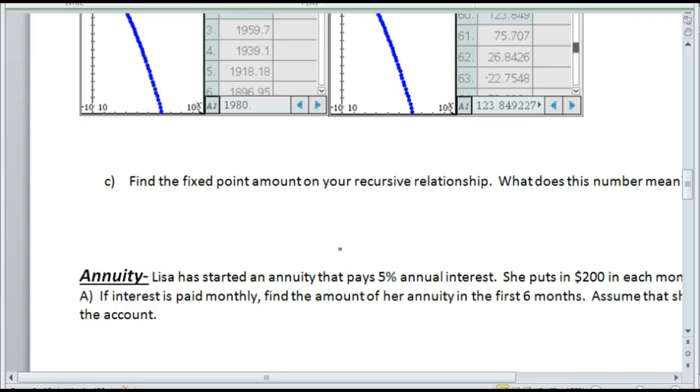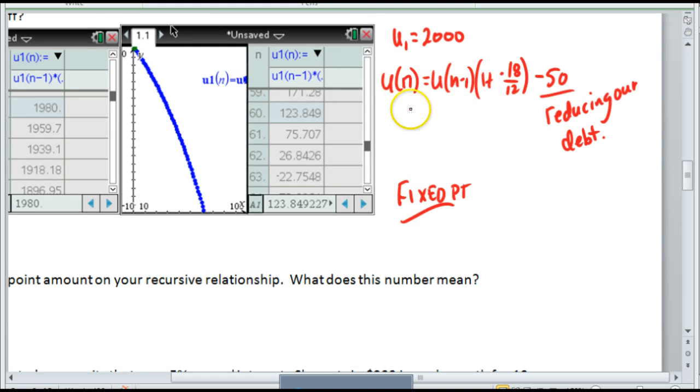Now the fixed point for this one is if I go to my equation that I have over here, I'm going to do it over here. If I let my now equal to my previous, and I try to solve this out, when I solve this out, I'm going to find a decimal for this, and I'm going to subtract this x from this x over here, and then try to solve it.